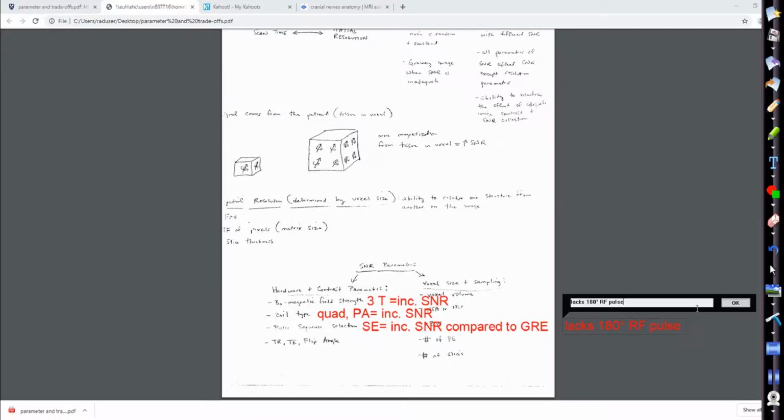That's the most important thing to remember when we're talking about spin echo versus gradient echo. You'll always get more signal from our spin echo because we have a 180 degree refocusing pulse to boost that signal back up.